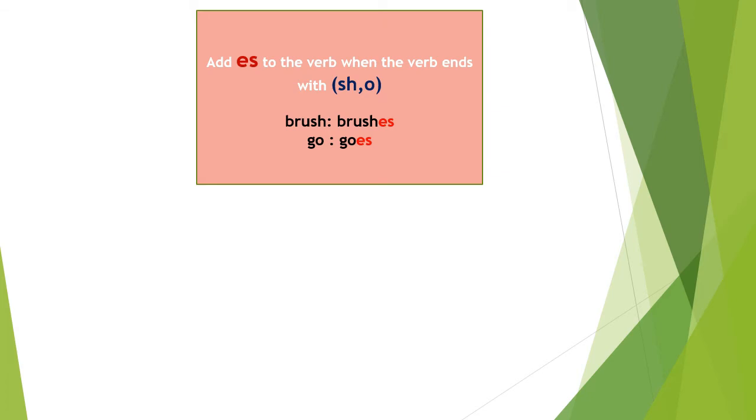So we add es, not s. Brush, brushes. And the verb go ends with o. So we add es. Go, goes.